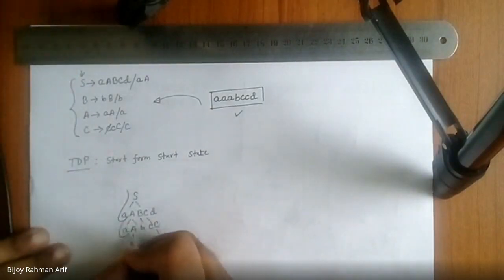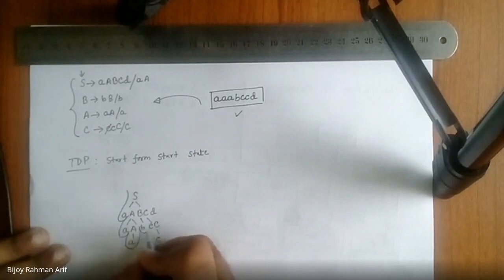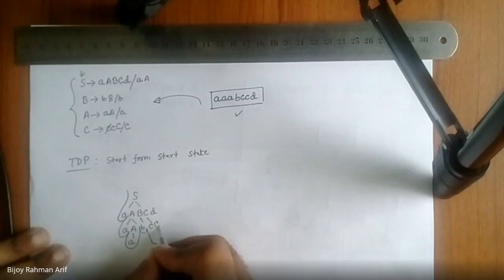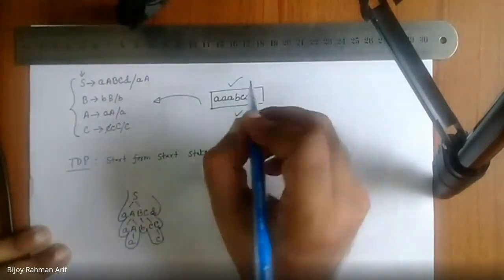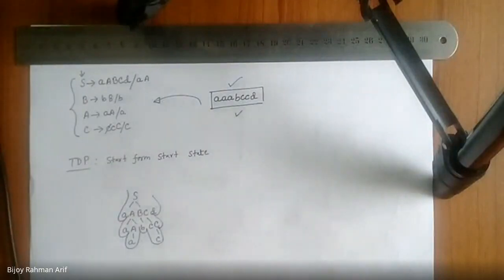A, B, C, D. So this is the yield. Am I right? Is it a correct parse tree? Yes, sir.